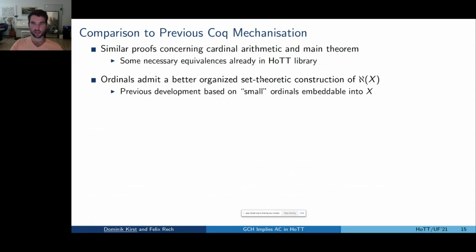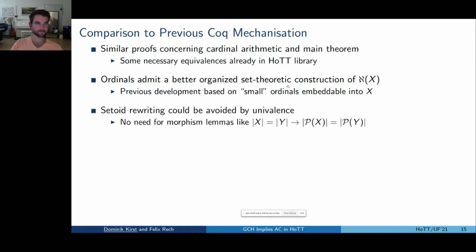Then the proof of the Hartogs numbers is completely different from what we did in the previous mechanization, because there, in Coq's type theory, you don't have an actual well-behaved notion of ordinals, so we couldn't do it in this well-organized set-theoretic way that we could show here.